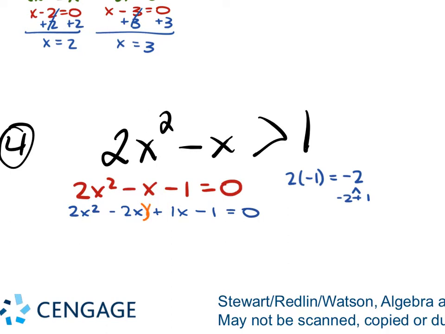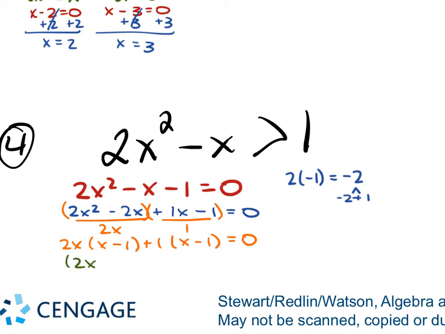I can factor by grouping. Factor out of 2x, factor out of 1. So that's 2x times x minus 1 plus 1 times x minus 1 is equal to 0. So this is going to be 2x plus 1 times x minus 1 is equal to 0.